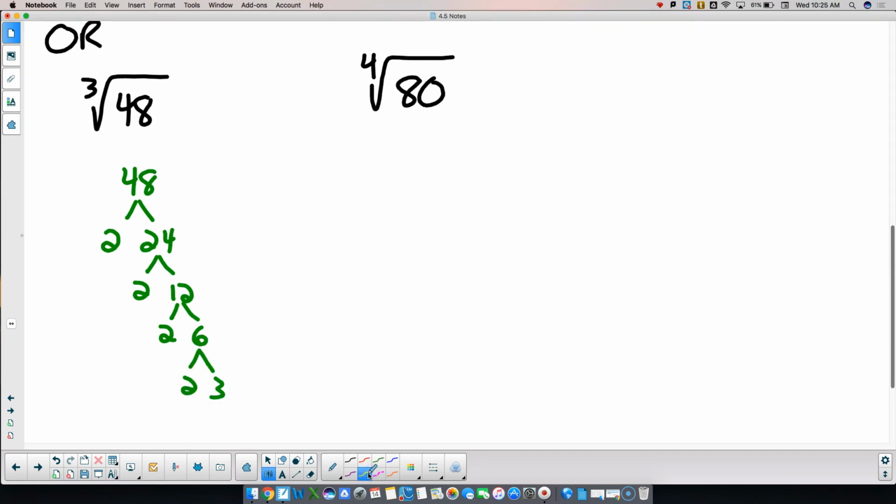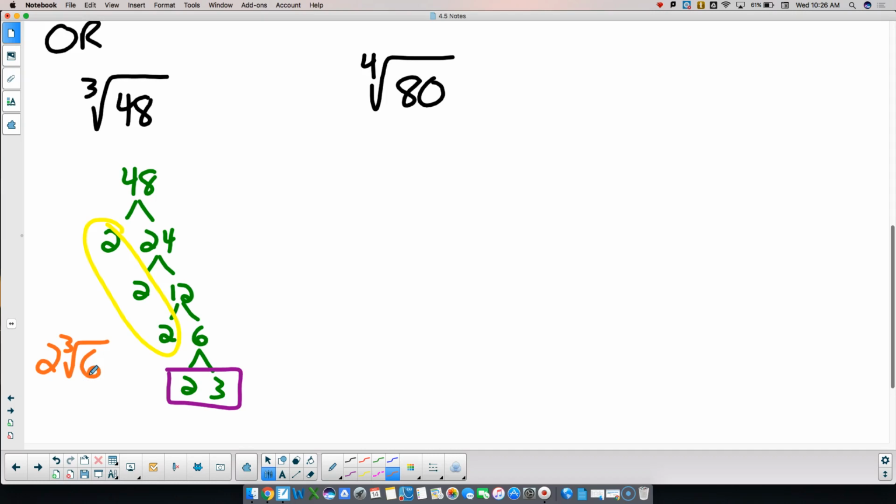Now, on Monday we were looking for pairs. Now I have to have 3 of them because my index is 3. So there's my 3 that make my 2. And then these 2 are still left over. So out of that would come 2 times the cube root of 6.